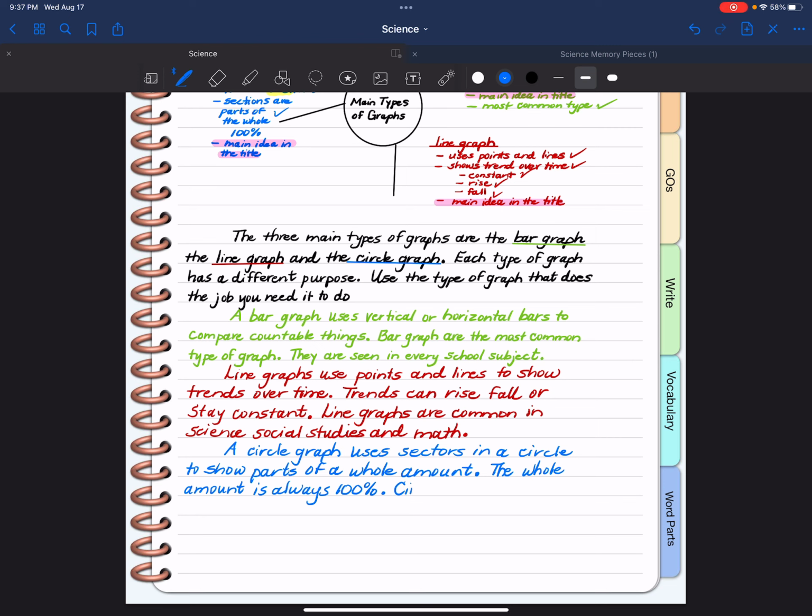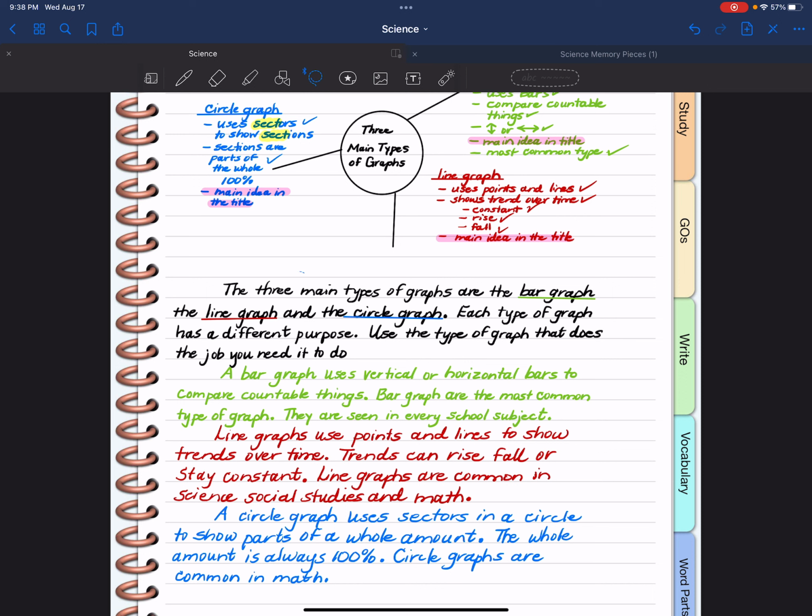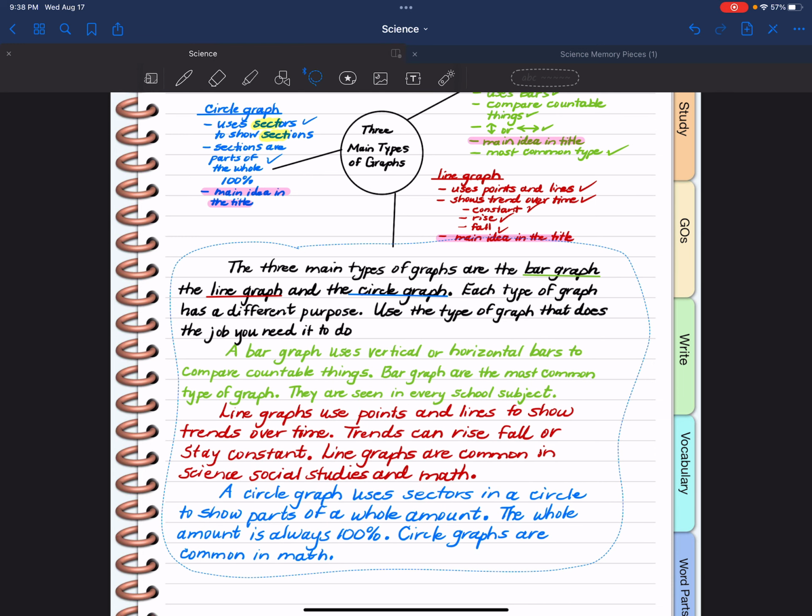Circle graphs are common in math. Okay, if you need to go to another page, if you're running out of room, that is perfectly fine. You can do that. I'm going to try to fit all of mine on one page just because I'm using a computer. But do not hesitate to use another page if you need it.